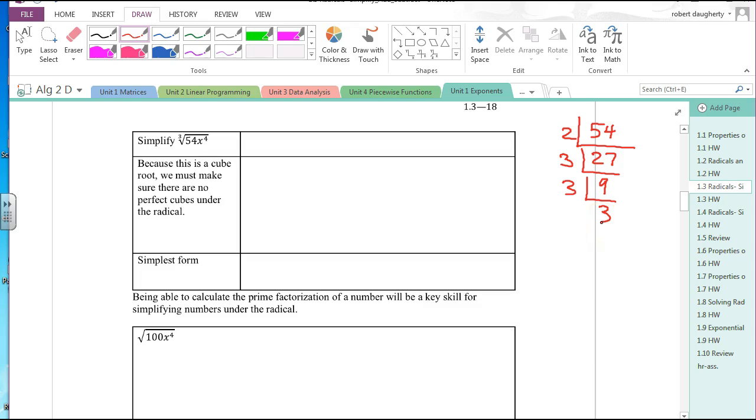Okay? I'm taking cube roots. I would love to have perfect cubes. Do I have a perfect cube under here? I've got 3 to what power? The third, right? So this is 3 to the third times 2, or 27 times 2. So 27 is a perfect cube.